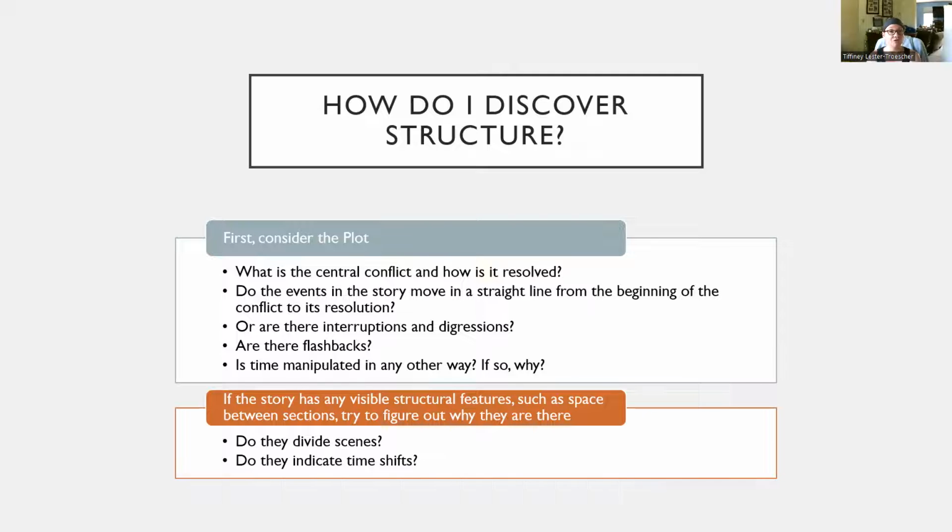Why? That's what you want to be asking. If something has occurred with the structure that is not what you expected, or not what would typically be the way of telling a story, why would the author alter that set of expected series of events?